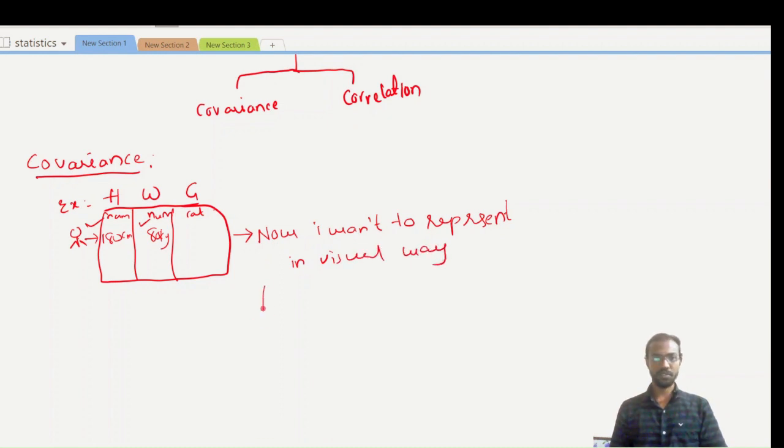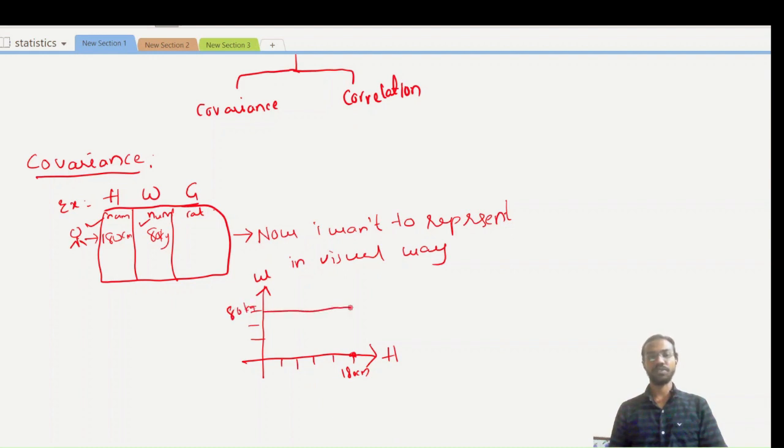For this I need a graph, with the x-axis having the height values and the y-axis having the weight values. So this person is at 180 centimeters and 80 kgs weight.